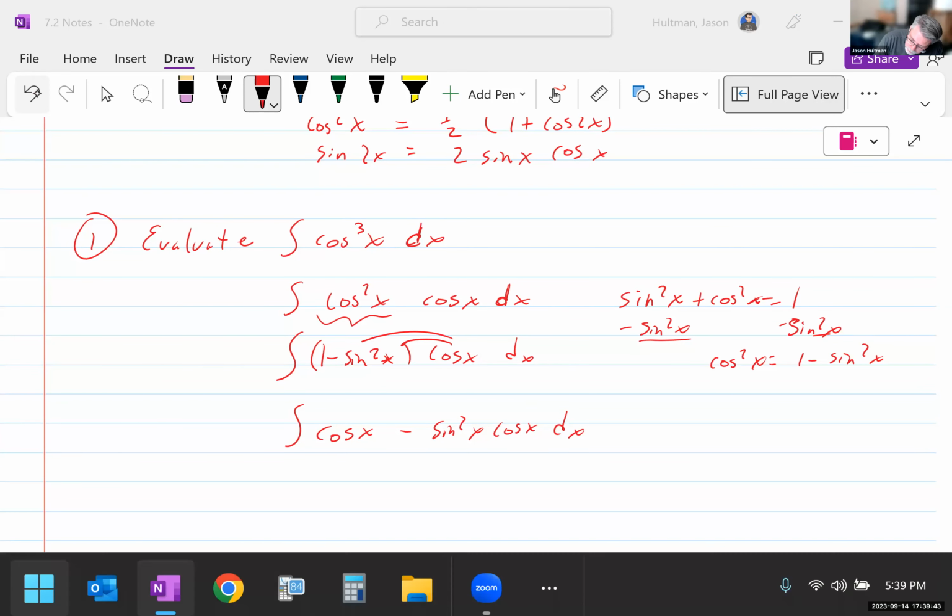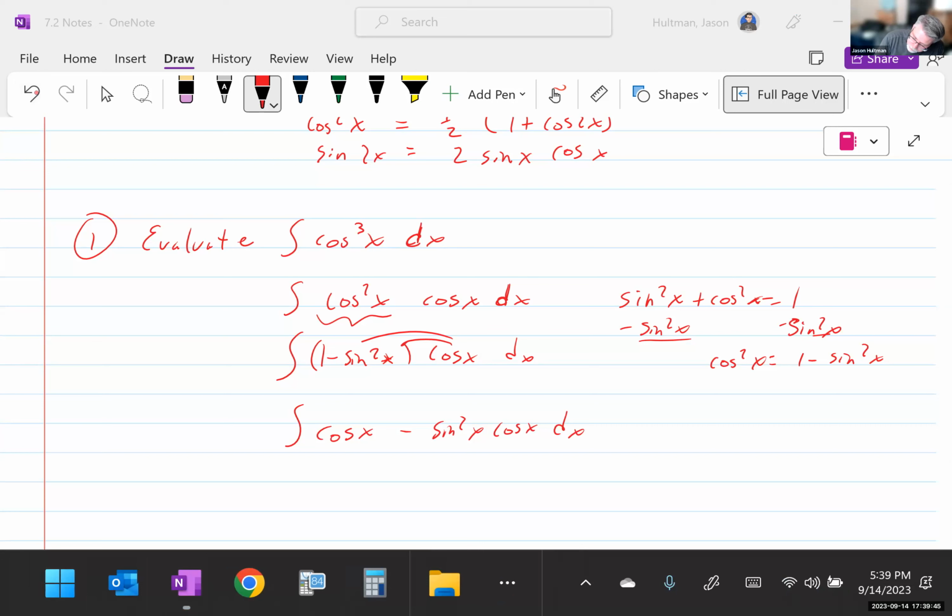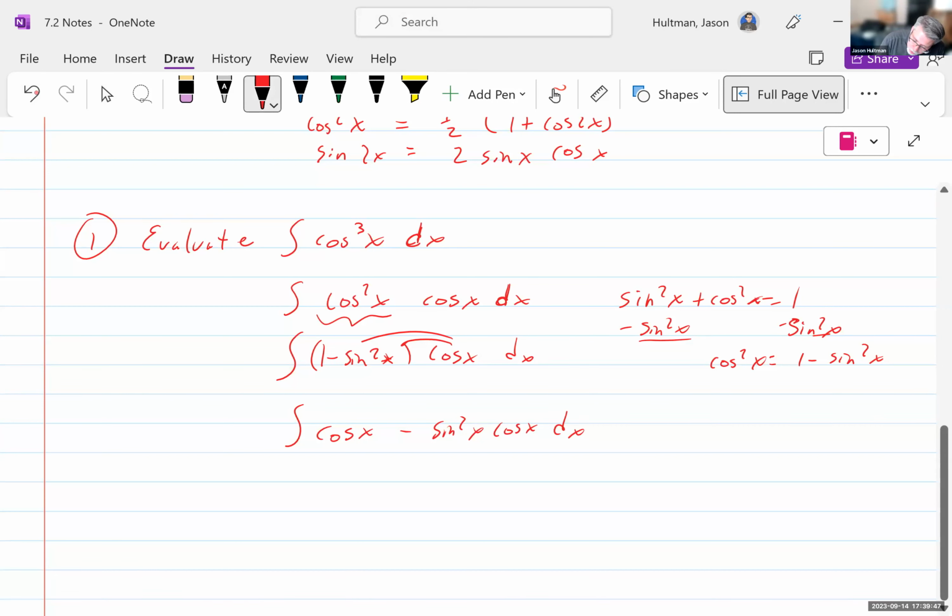I'm not going to break this into two different integrals because one I can integrate directly and the other I'm going to have to do a u sub on. So I'm going to integrate the integral of cosine x dx minus the integral of sine squared x cosine x dx.